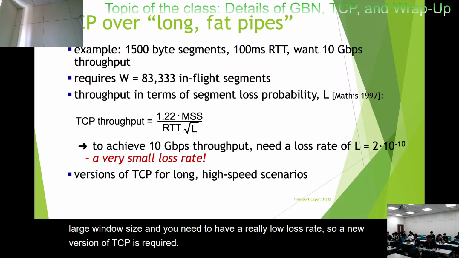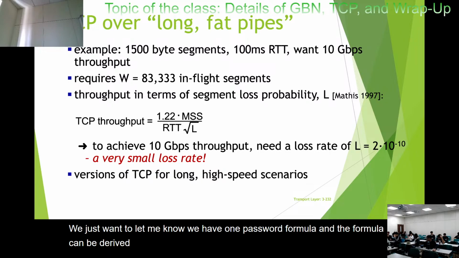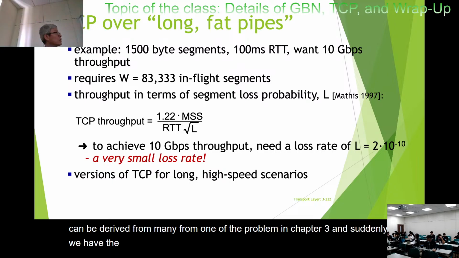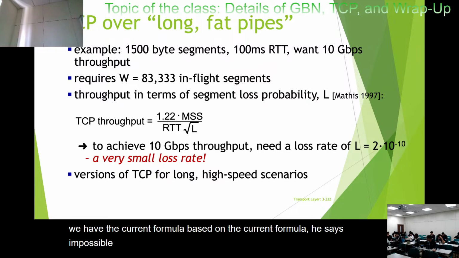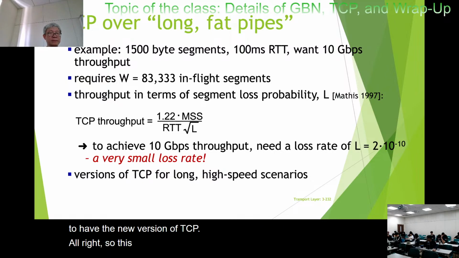We have one possible formula, which can be derived from one of the problems in chapter 3. Based on the current formula, it is impossible for the current requirement. Because of this impossibility, we need a new version of TCP. So this one we just want to let you know.